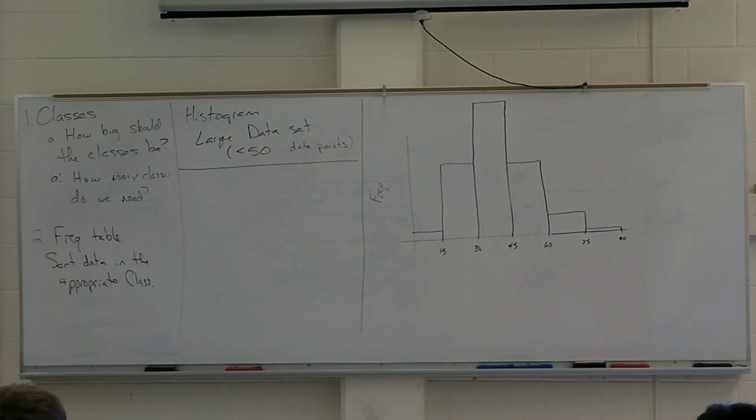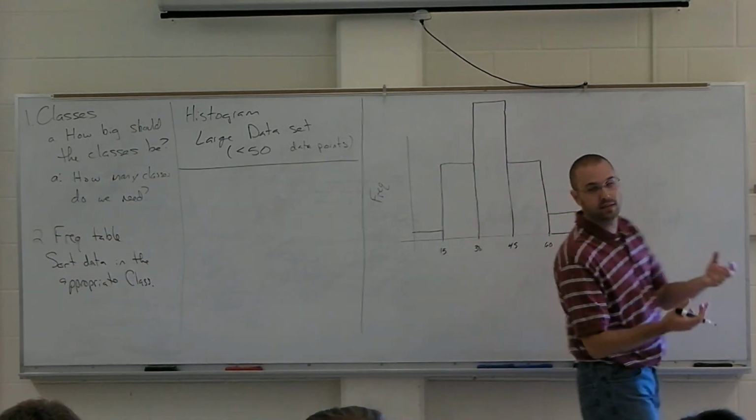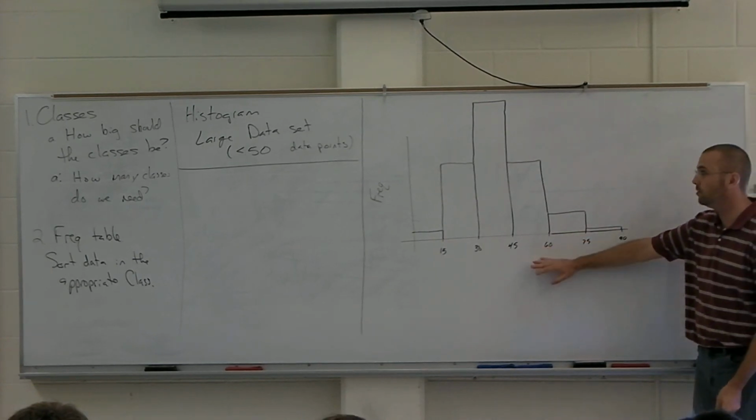One of the drawbacks of using a histogram, though, that doesn't show up with the dot plot or the stem and leaf plot, is that if I just gave you this histogram and said, okay, here's the data displayed for number of touchdowns per team in the NCAA, you have no way of taking this graph and figuring out what the original data looked like. There's no way that I can figure out how many teams scored 38 touchdowns. I can't get that from this.